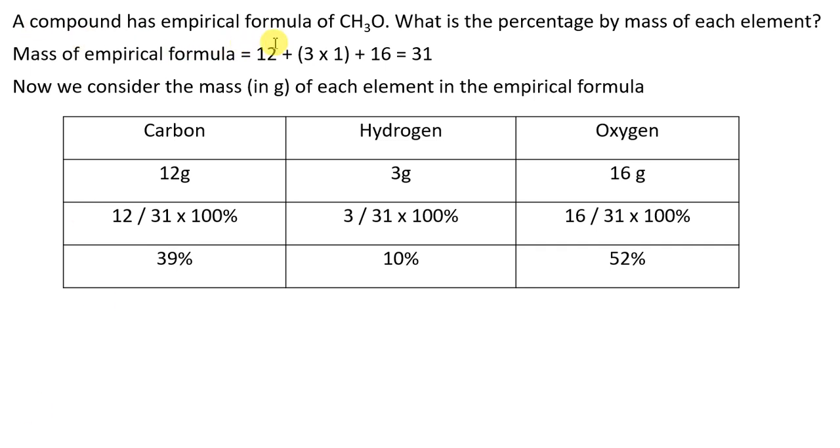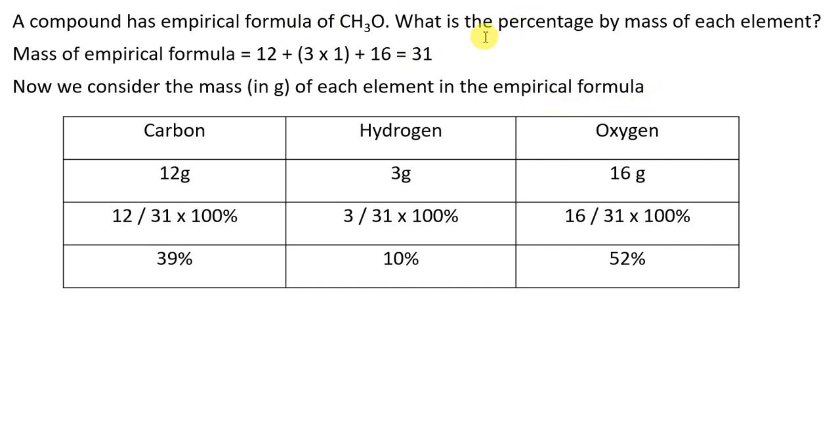A compound has empirical formula CH3O. What's the percentage by mass of each element? Again, get the mass of my empirical formula. 12 for carbon, 3 times 1 for the hydrogens, 16 for the oxygen, comes to 31. Now we consider the mass in grams of each element in the empirical formula.